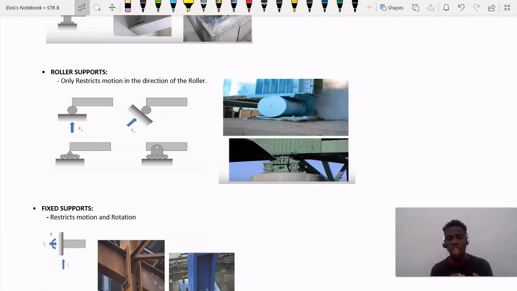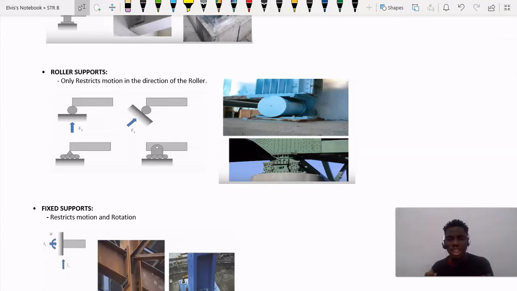So we civil engineers tend to use what we know as tension bearing. This is going to give the bridge the flexibility it needs, so this is going to make the bridge move a bit. Whenever we are in summer, when the change in temperature tries to expand the bridge, the bridge is going to freely move.